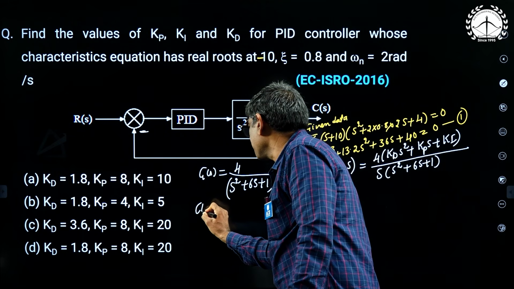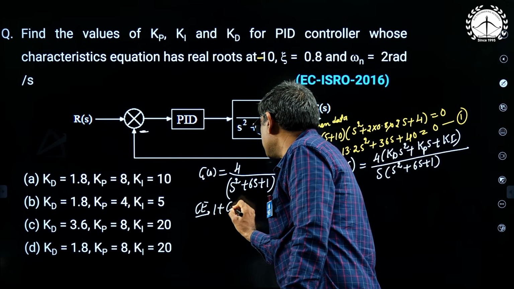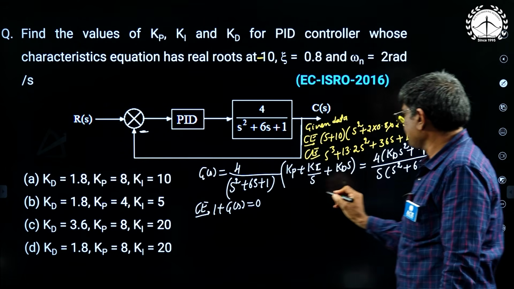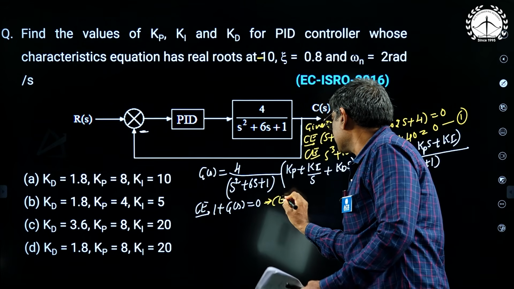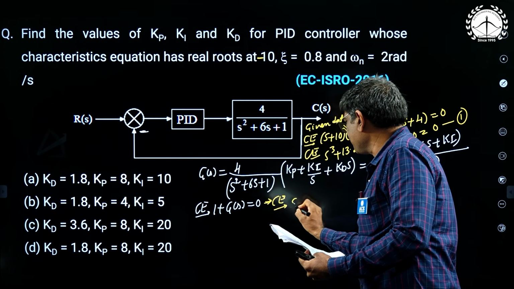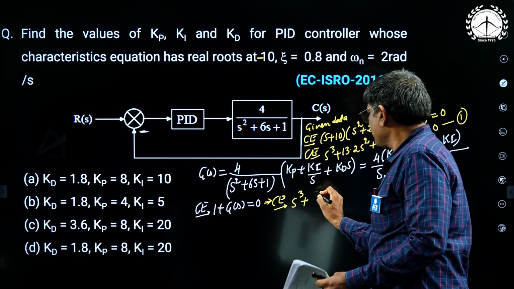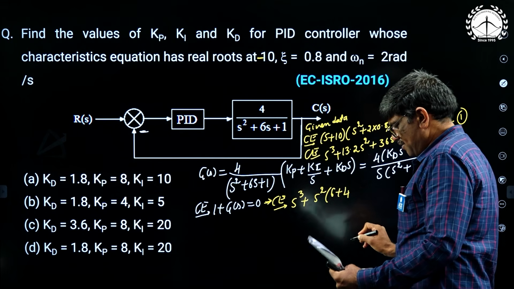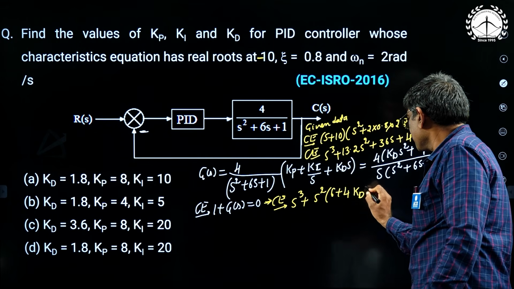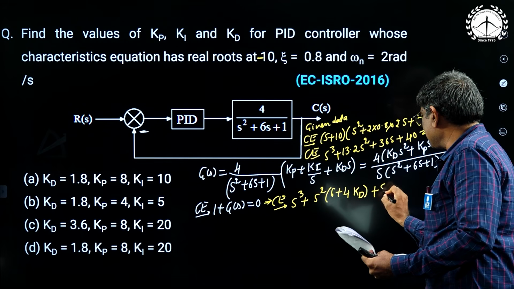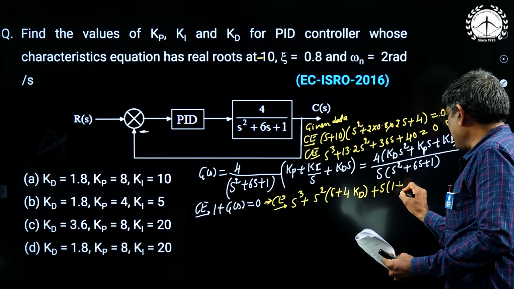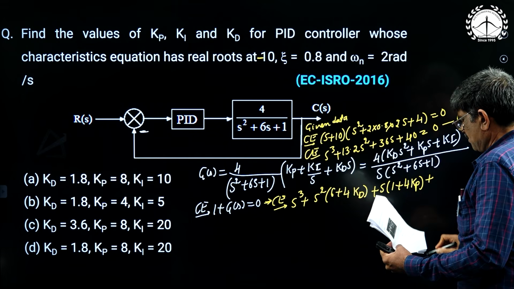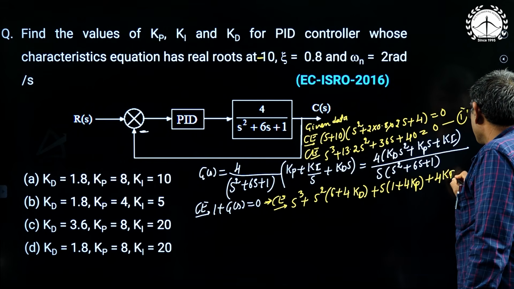The characteristic equation means 1 plus G of S equal to 0. If you expand it, the final equation is S cube plus S square into 6 plus 4 Kd, plus S into 1 plus 4 Kp, plus 4 Ki, equal to 0.